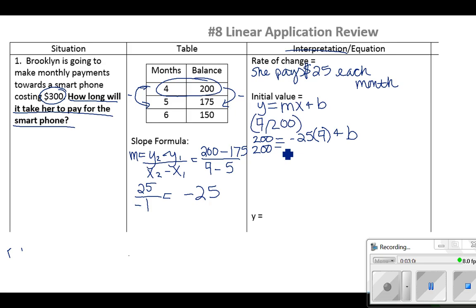Negative 25 times 4 is negative 100 plus b. Now I can add 100 to both sides. So 300 equals b. And now we have to interpret that. The 300 is her beginning balance because that's how much the smartphone is. $300 is her beginning balance.